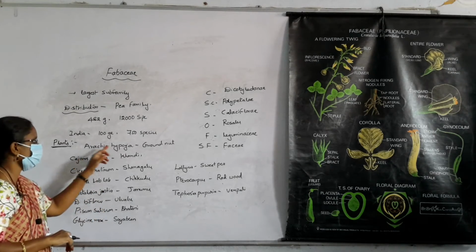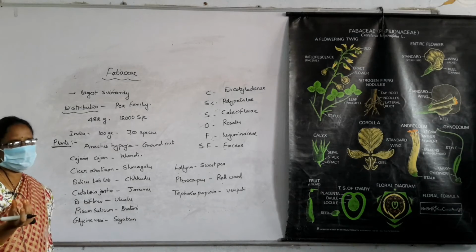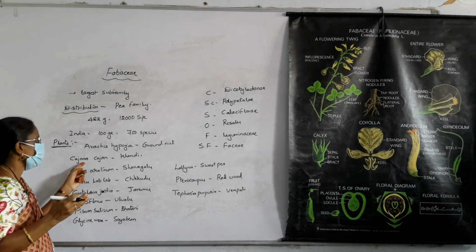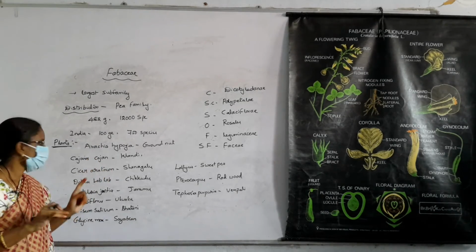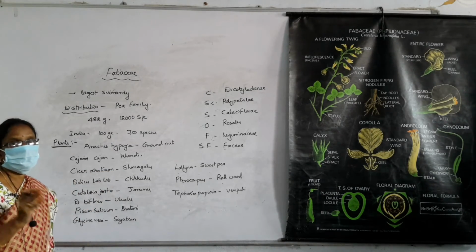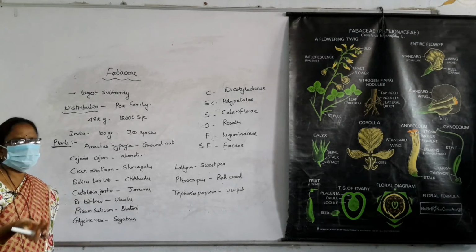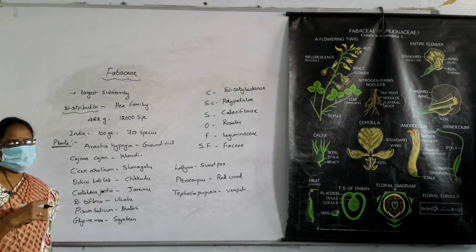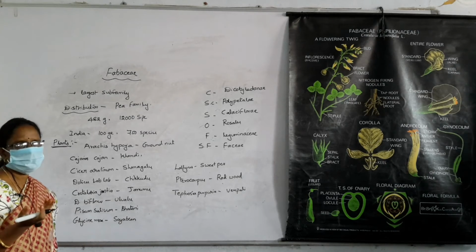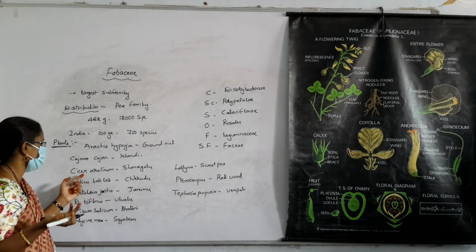For example, first is Arachis hypogaea, the groundnut plant, which gives groundnut oil. And Cajanus cajan, kandi. And Cicer arietinum, shenagalu. Urad dal, minapappu, black gram, green gram, and horse gram are all Fabaceae plants.